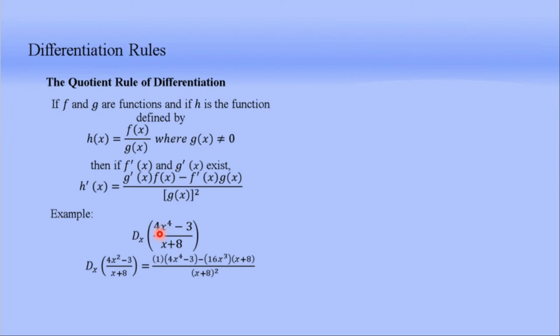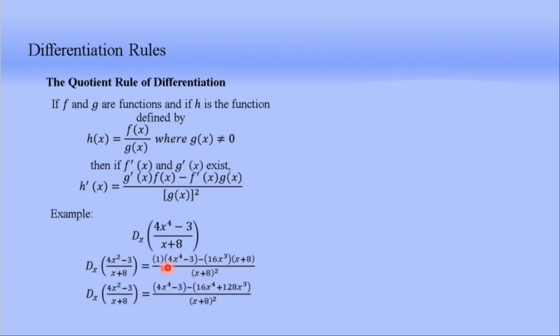So the derivative of 4x raised to the fourth power is 16x cubed. So 4 times 4 is 16, and 4 minus 1 is the exponent. So the exponent will be 3. And then just input the second function over the square of the second function, x plus 8.